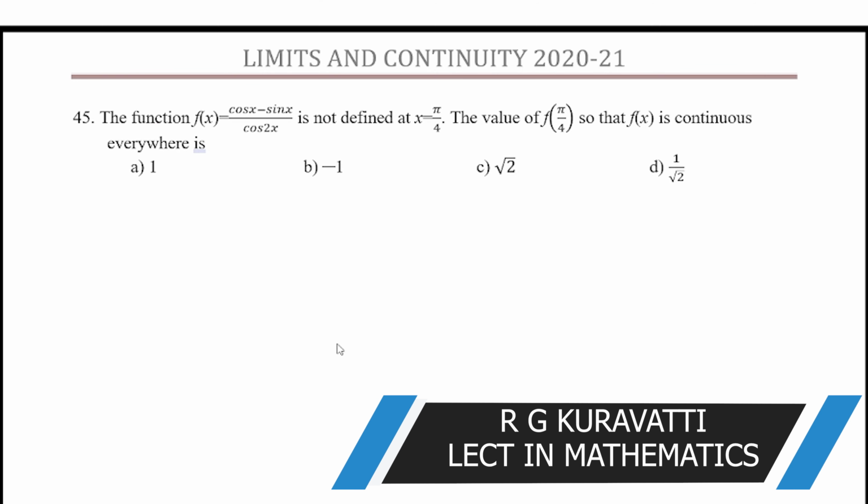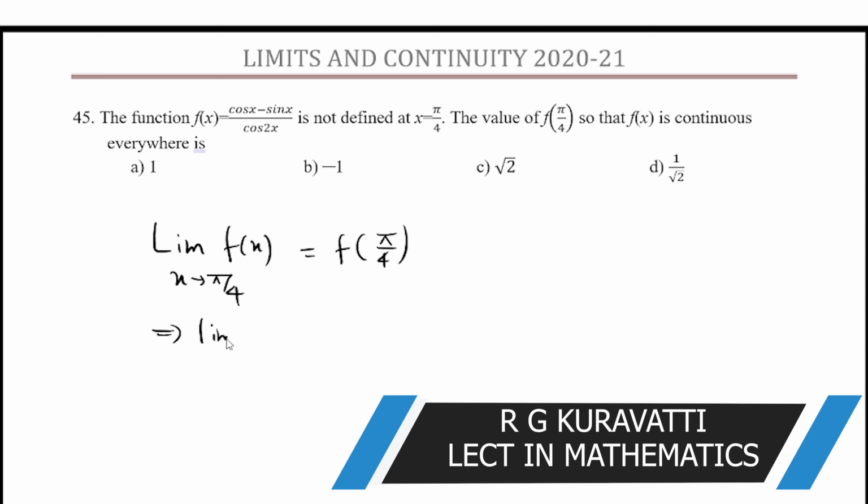Okay. Next question. The function f of x equal to cos x minus sin x divided by cos 2x is not defined at x equal to pi by 4. If it is defined at x equal to pi by 4, so that the function f of x is continuous everywhere. Now apply definition of continuity, that is limit of f of x as x tends to pi by 4 is equal to f of pi by 4.